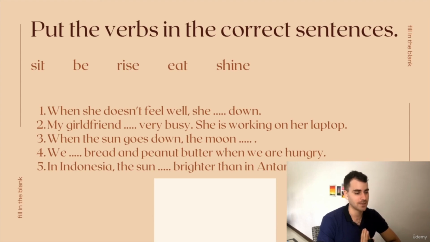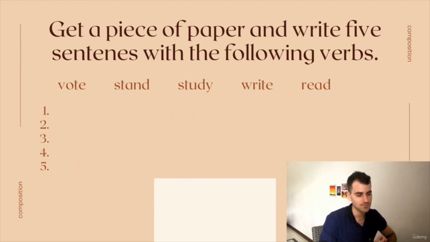She is working on her laptop. When the sun goes down, the moon rises. We eat bread and peanut butter when we are hungry. In Indonesia, the sun shines brighter than in Antarctica. Now, get a piece of paper and write 5 sentences with the following verbs.